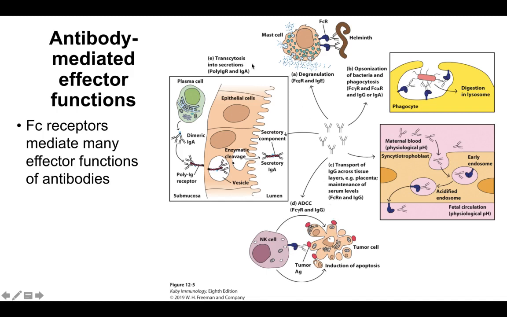And you can also have the movement of immunoglobulins from where they're made in the lamina propria, ultimately into the lumen. So IgA can be secreted by binding to the poly-Ig receptor and being then transported into the lumen, and it can exist as a dimer in the lumen.